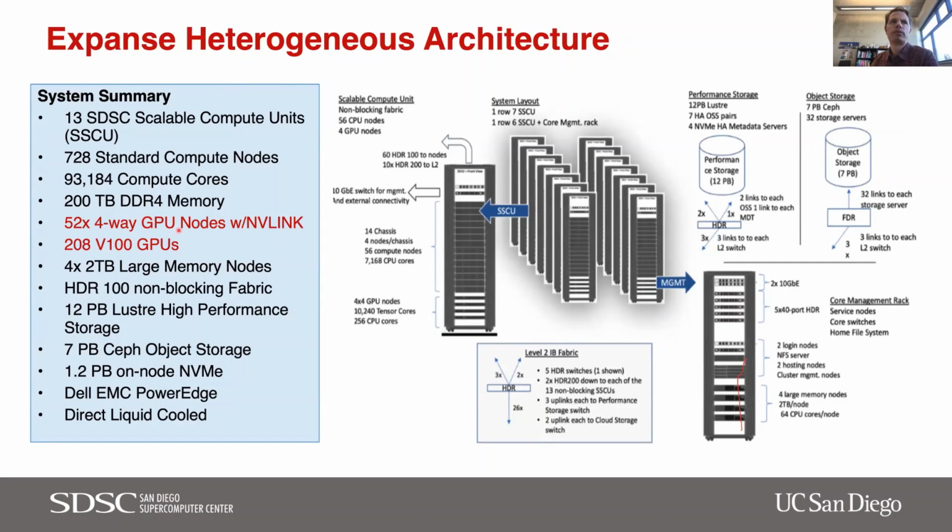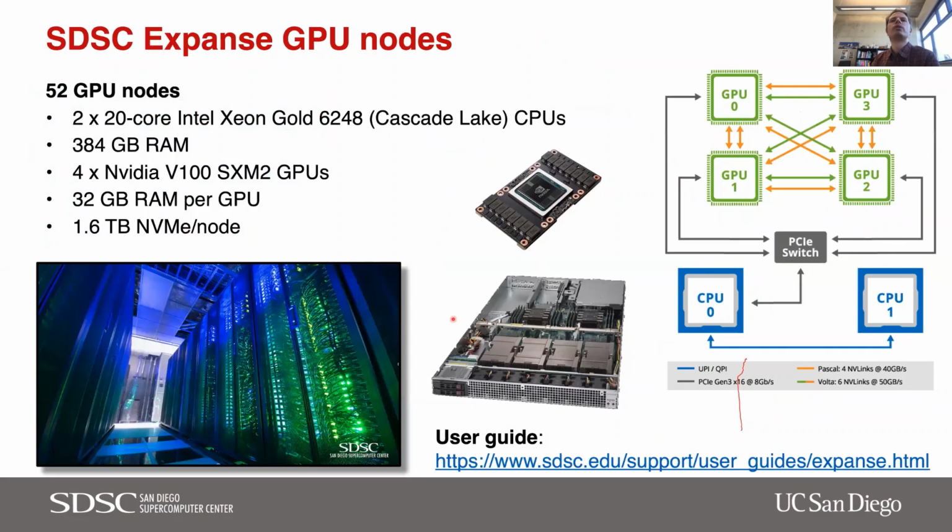So we have a total of 208 V100s. They're sitting at the bottom of the compute racks if you were to go into the data center. The GPU nodes also have 40 CPU cores, so 2 × 20 core Intel Xeon processors. And the GPUs themselves, each of them has 32 GB of RAM.